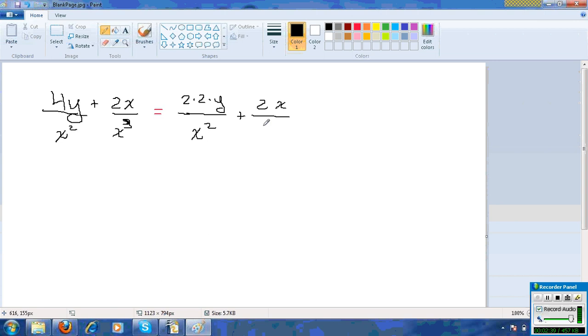And in the bottom, I have x to the third power. Well, x to the third power is nothing more than x times x times x. So x times x is nothing more than x squared, still times the other x.